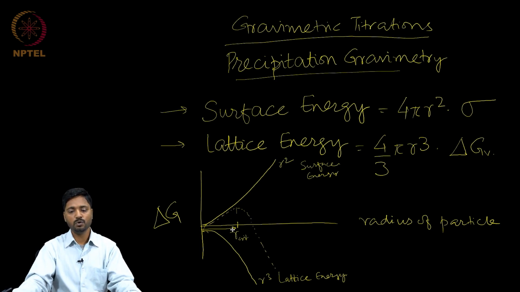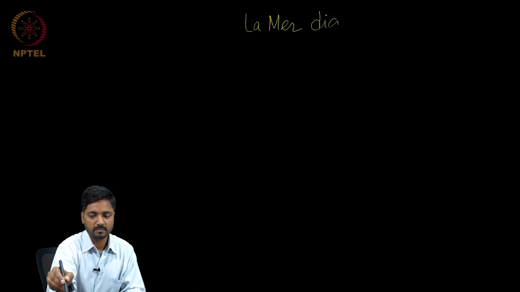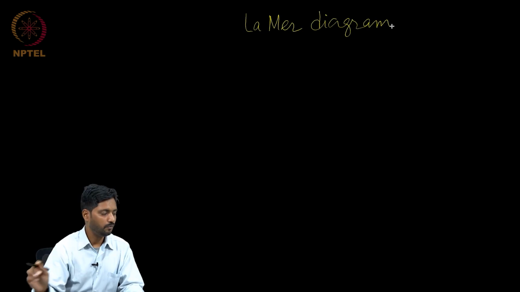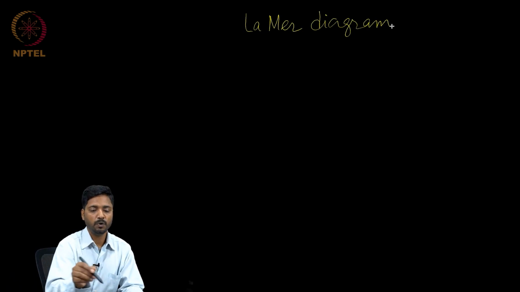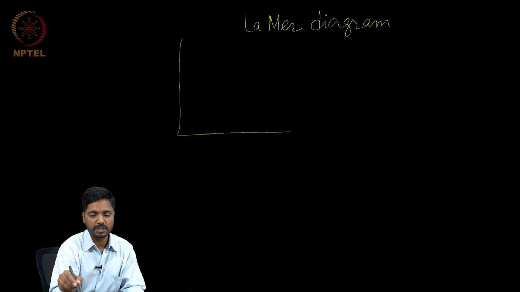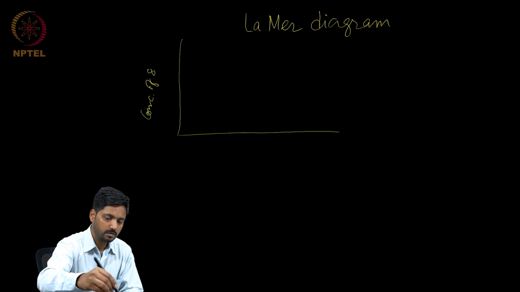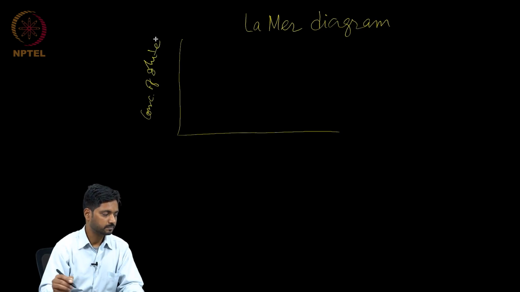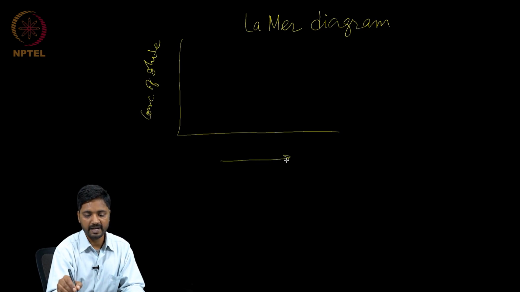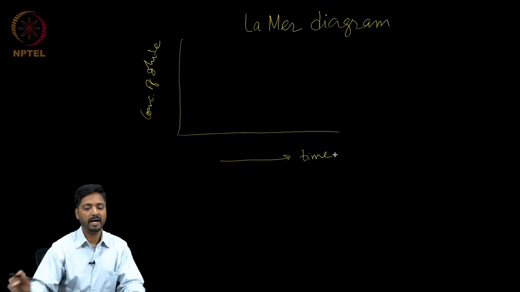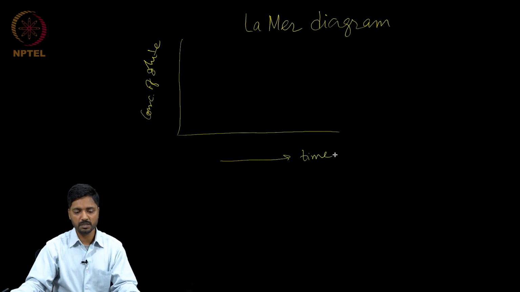This concept is also very nicely explained by the LaMer diagram, which essentially plots the change in the concentration of solute versus time. This is the change in the solute which is undergoing precipitation.